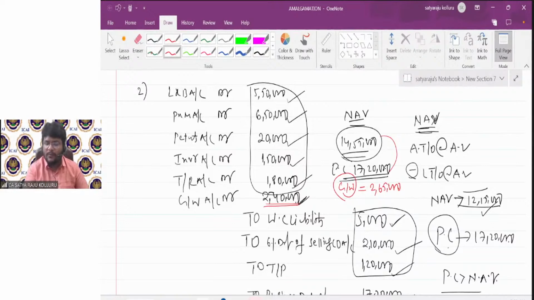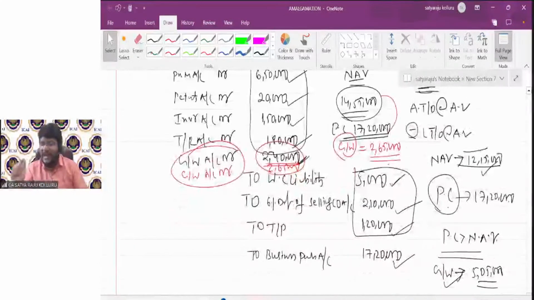Now, while comparing PC with NAV, you are arriving at another amount of goodwill, which is 2,65,000. Again you are writing the goodwill account at 2,65,000, right? Now the total goodwill, 2,40,000 plus 2,65,000, is equal to the earlier goodwill, which is 5,05,000.